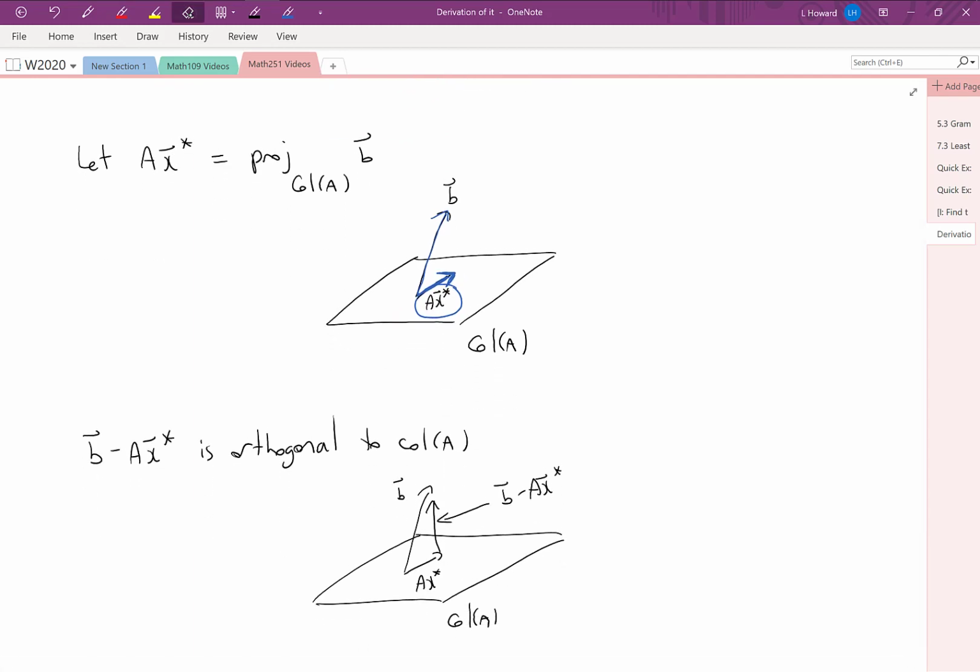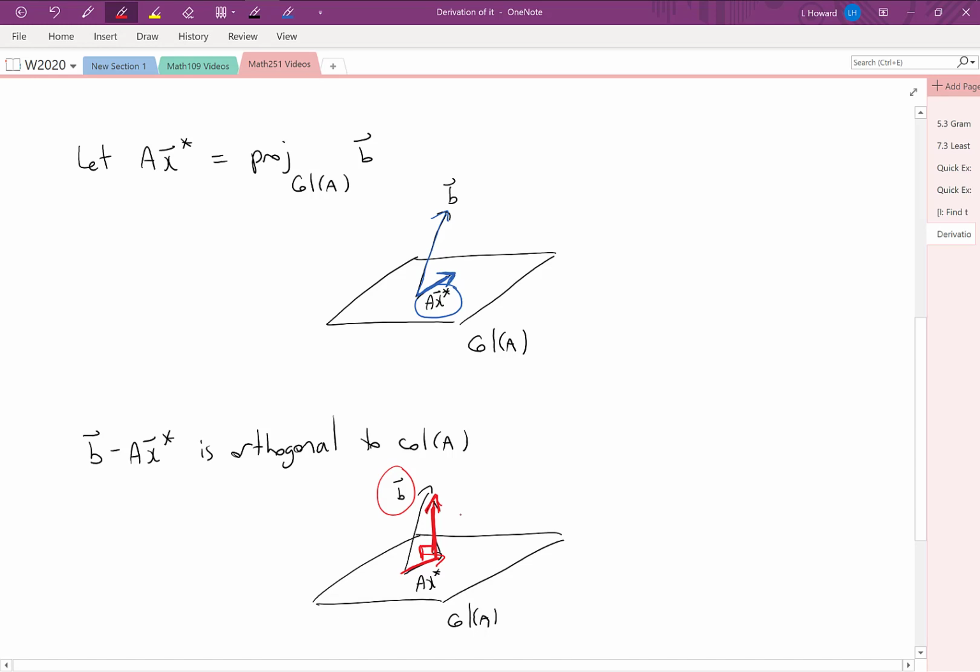This vector coming up vertically is going to be orthogonal to the column space of A, because what we're really doing in this picture is decomposing the vector b into something that is in the column space of A plus something that is in the perp of the column space of A. So we're doing an orthogonal decomposition of this vector b. This vector coming up vertically is perpendicular, or orthogonal, to our column space.